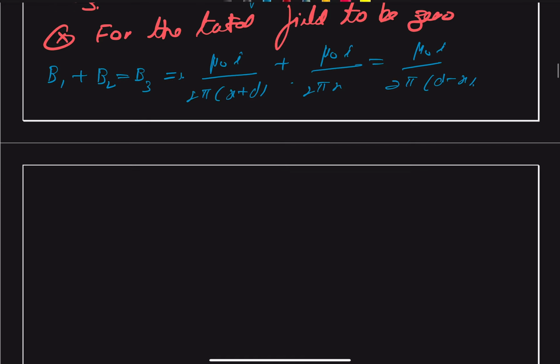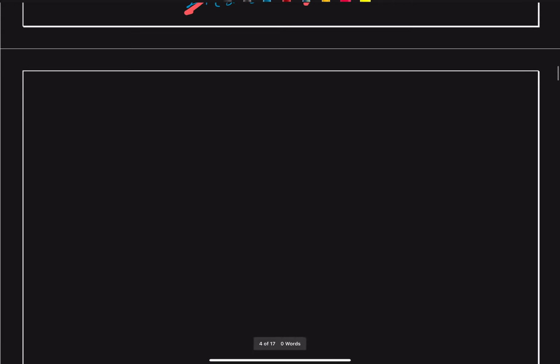Mu naught I and 2 pi cancel out, so we are left with 1 upon (x plus d) plus 1 upon x is equal to 1 upon (d minus x).